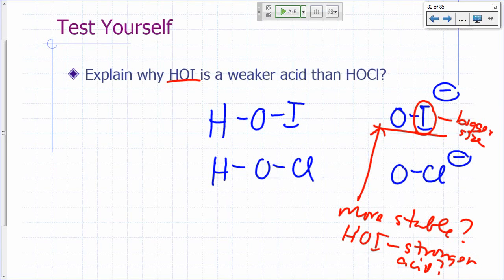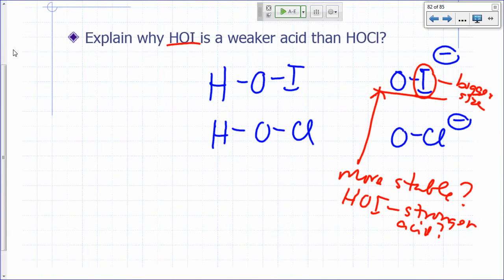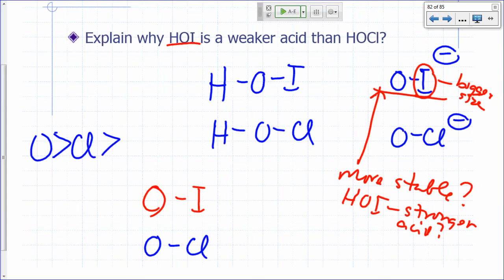Did we just get into a contradiction here? We just did, but there's a way out of this. You can still use the charge density argument here, in the fact that the oxygen-iodine bond and the oxygen-chlorine bond are polar, right? Chlorine is more electronegative than iodine, right?